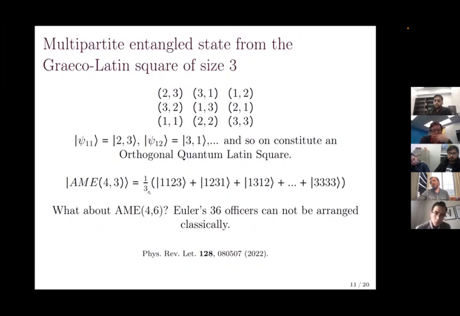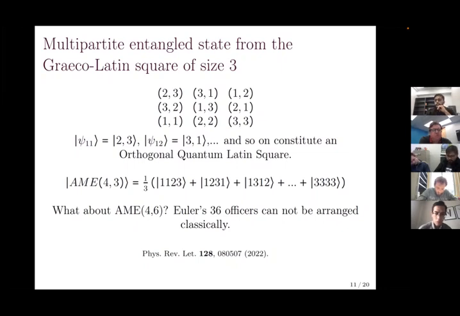This brings up the question of AME(4,6), because we know that the orthogonal Greco-Latin square of size 6 does not have any solution. So Euler's 36 officers cannot be arranged classically, but it turns out that the absolutely maximally entangled state AME(4,6) can be found. And that's what we show here.